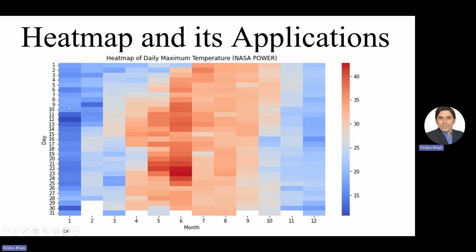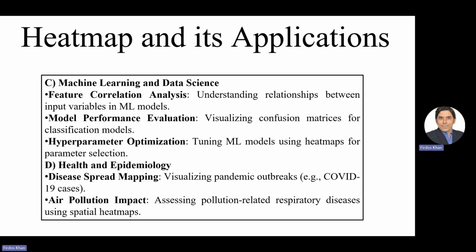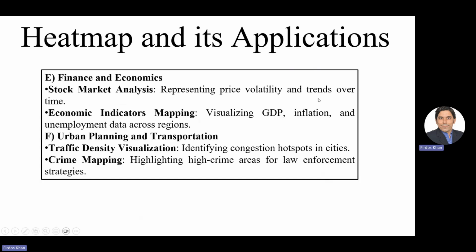So you will have this plot of traffic intensity per each day of the week: 7 days of the week on the x-axis and 24 hours on the y-axis. You will see where the highest traffic intensity is, on which day and at which time, and when the lowest traffic intensity is. It's a very nice application as well.